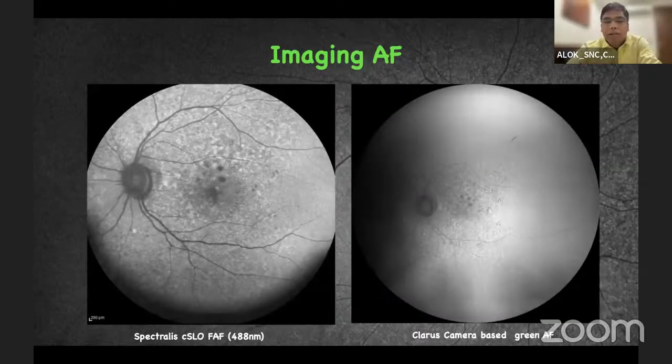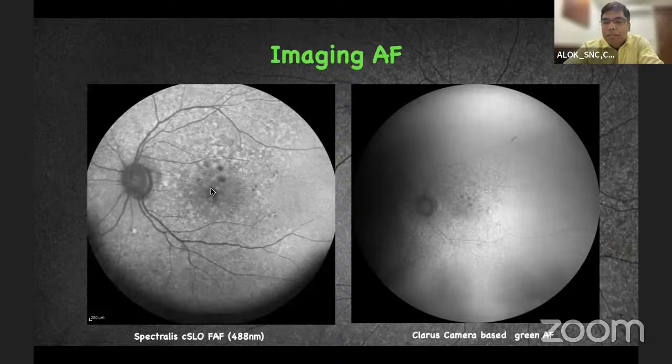Now, these are two pictures of fundus autofluorescence. One is taken using a confocal system towards the left, and on the right, it is a camera-based green autofluorescence. So what you can see distinctly is that in the green autofluorescence, the central fovea is less dark as compared to the blue autofluorescence.